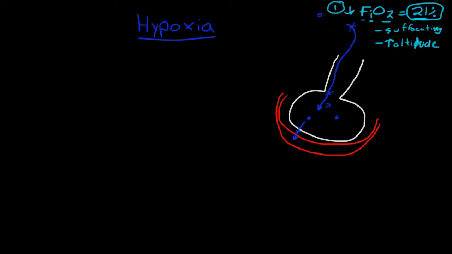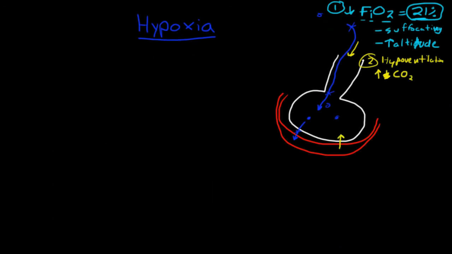Number two would be hypoventilation. You're not breathing enough to bring air in. Now, if you remember our earlier slides when we talked about hypoventilation, the first thing that's going to happen with hypoventilation, because it diffuses much faster, is that CO2 levels are going to increase in the bloodstream, right?